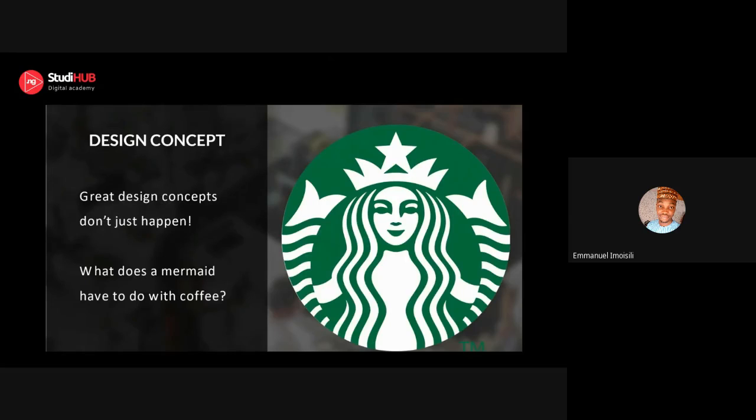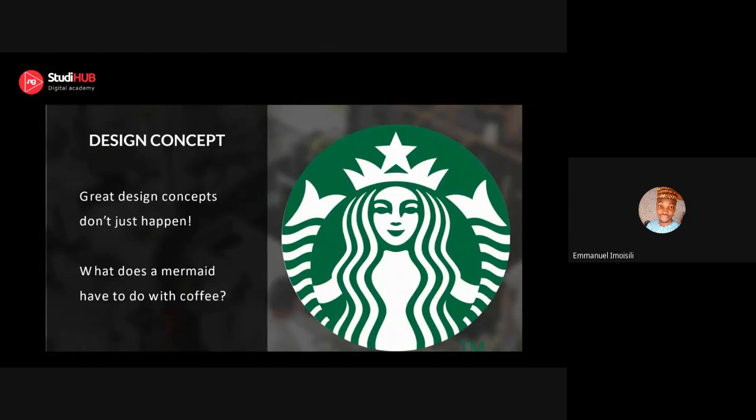Has any of you seen this logo before? No, sir. Okay. At first instance, when you see this, you won't think this is a coffee shop, because it has a mermaid and a crown. It doesn't relate to a coffee shop.